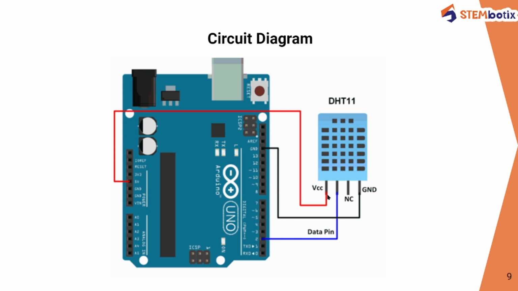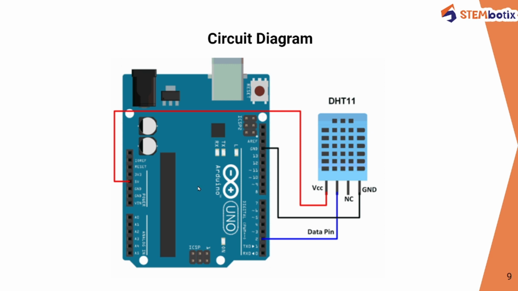So this is the power pin which gets connected to the 5 volts pin on the Arduino Uno board. After that we have this signal pin or data pin. The data pin is connected to pin number 2 of the Arduino Uno board, and the ground pin is connected to the GND pin of the Arduino Uno board. So this is how you are going to connect your DHT11 sensor with Arduino Uno.